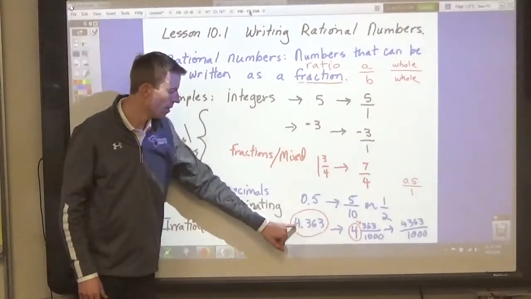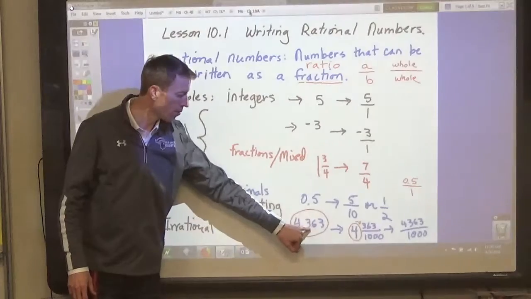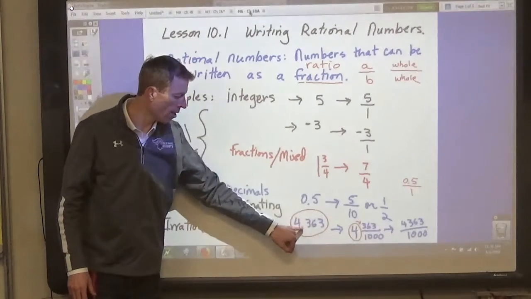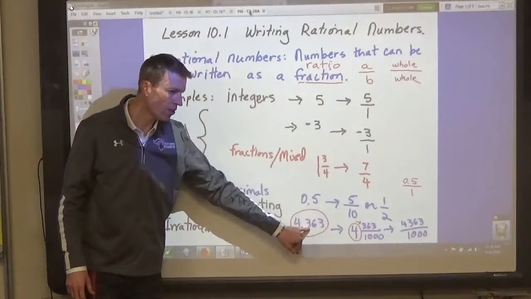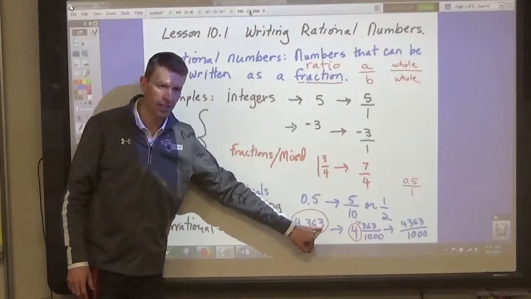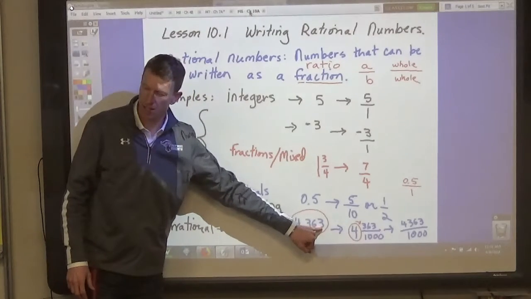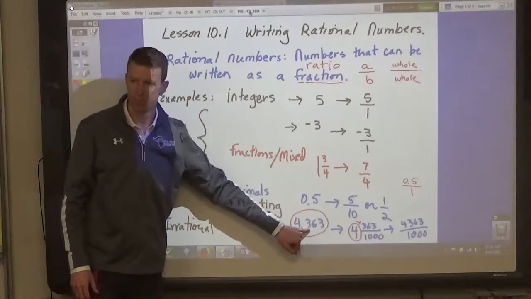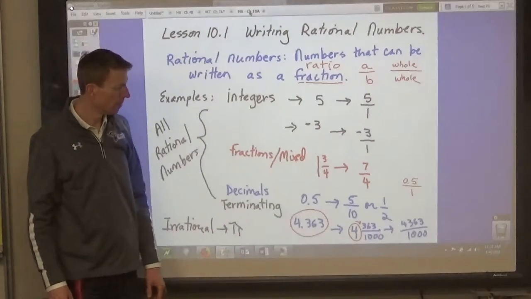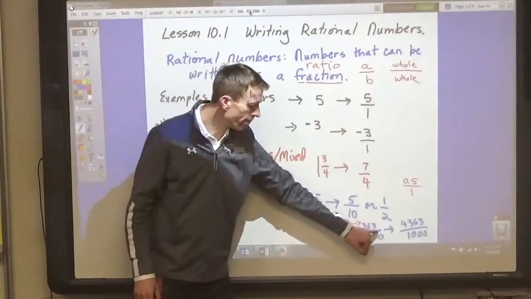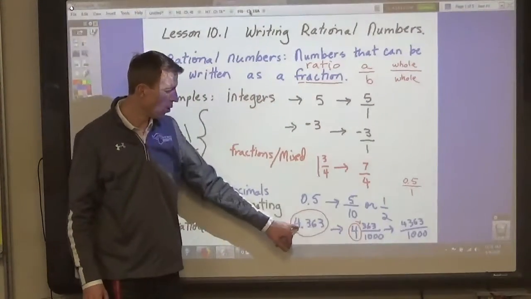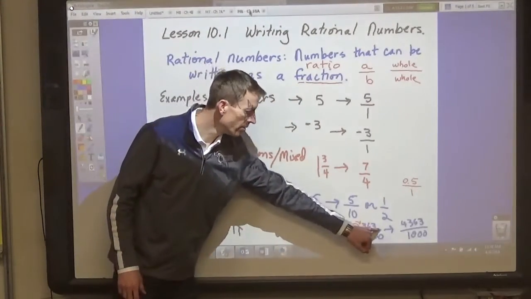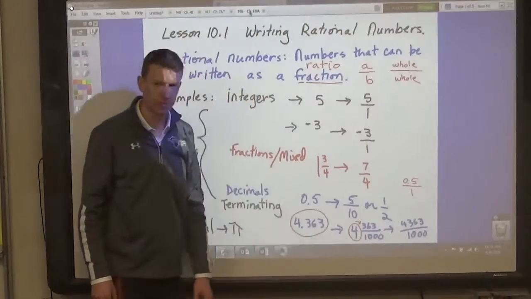How about this one? 4.363, or 4 and 363 thousandths. It ends in the thousands place. Can this number be written as a fraction? Yeah. You could change it to a mixed number first. 4 and 363 thousandths.